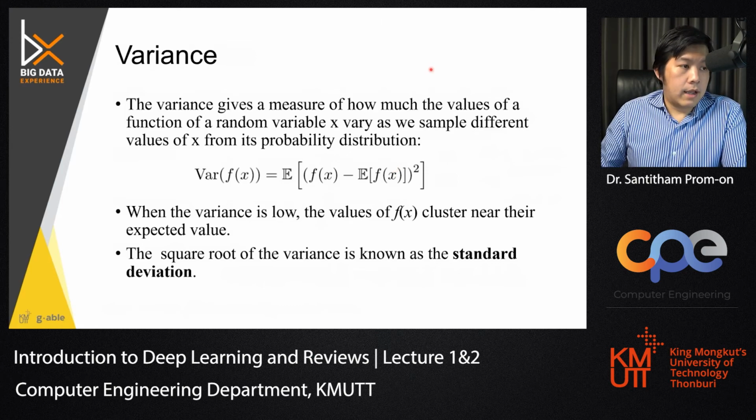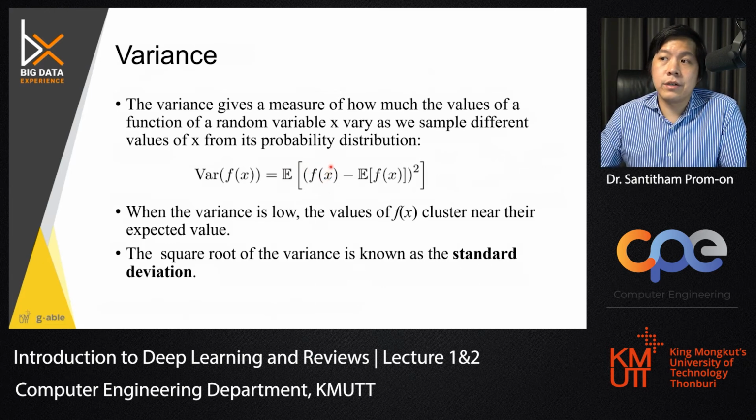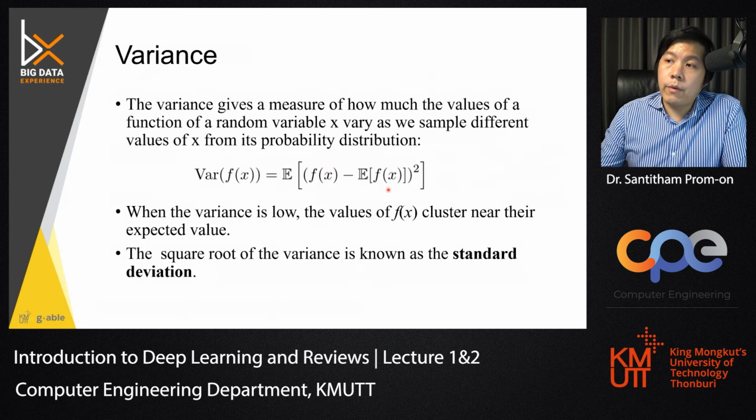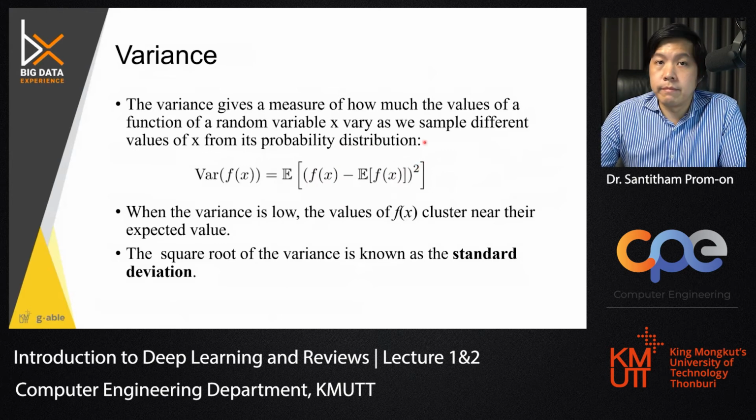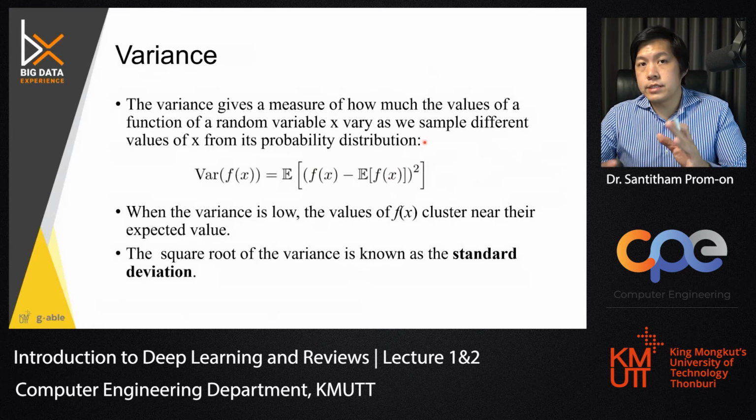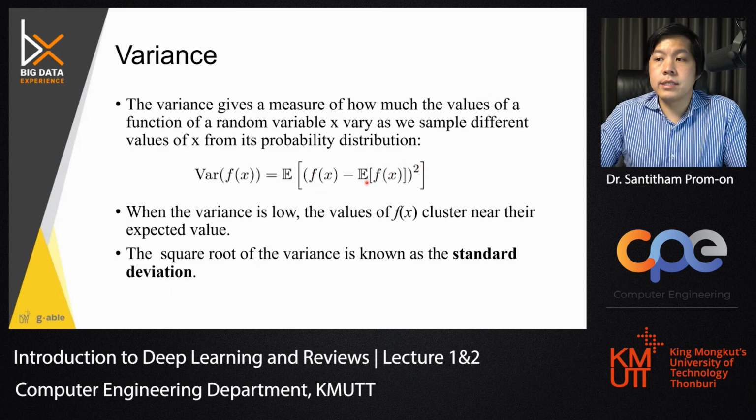Okay. Now, you know the mean, then next must be the variance, to measure the variation of data. Variance is actually the expected value of the difference between the value itself and the expected value, the mean. So you are trying to find the expected value of the squared difference, the size of the difference, and this is called variance.